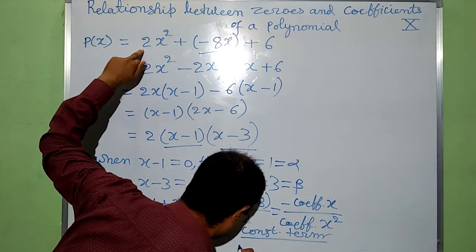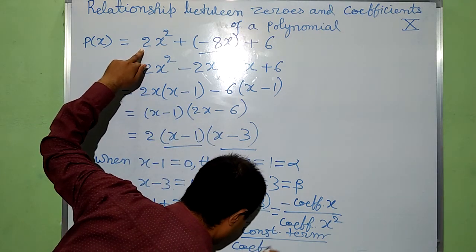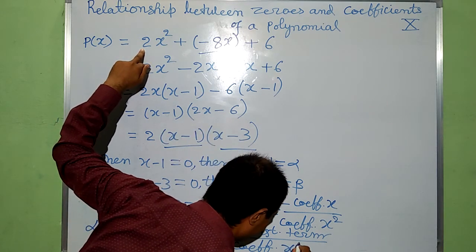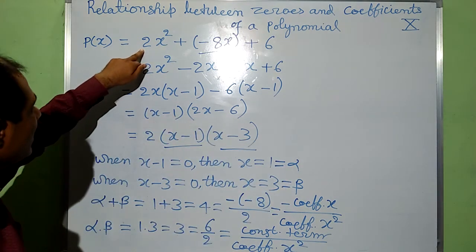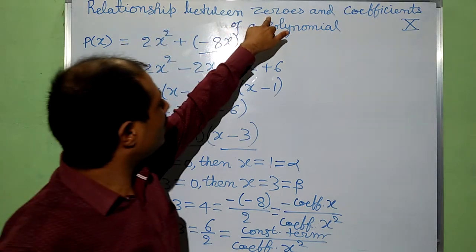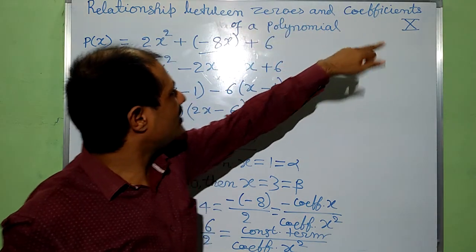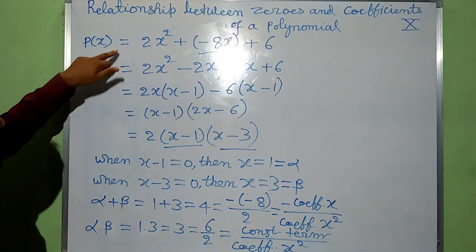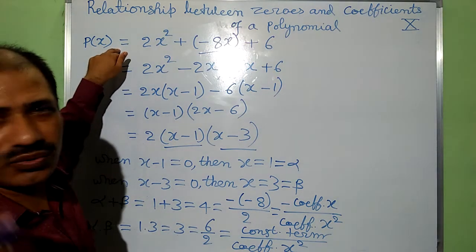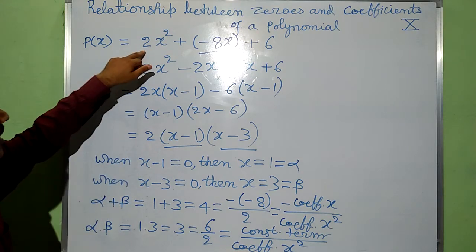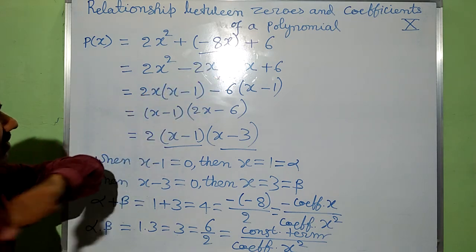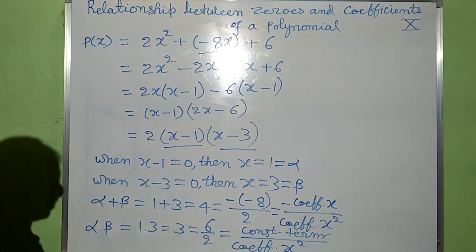So constant term by coefficient of x square. This is the relation between zeros and coefficients of this particular polynomial, 2x square minus 8x plus 6.